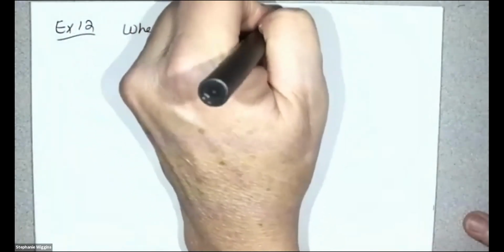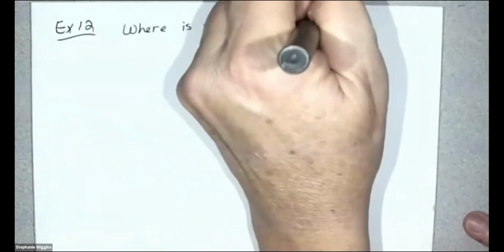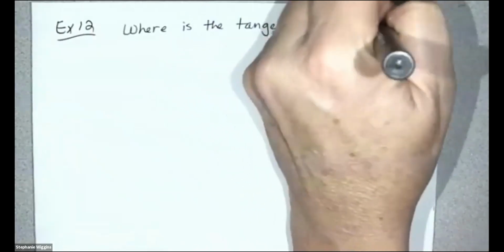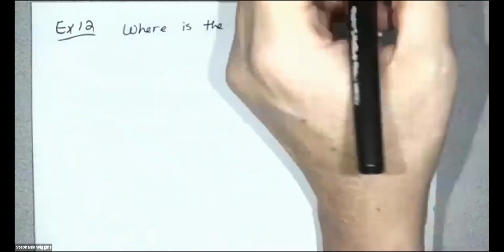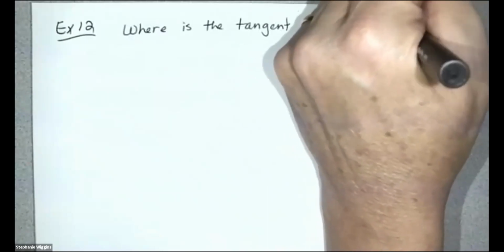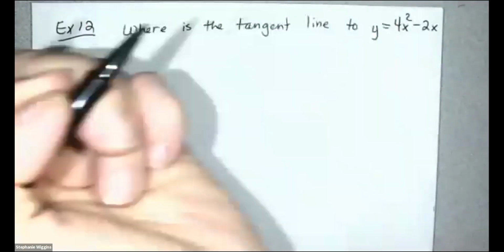Another one asks you, where is the tangent line having slope of negative 18? And the function that we're given is y equals 4x squared minus 2x.